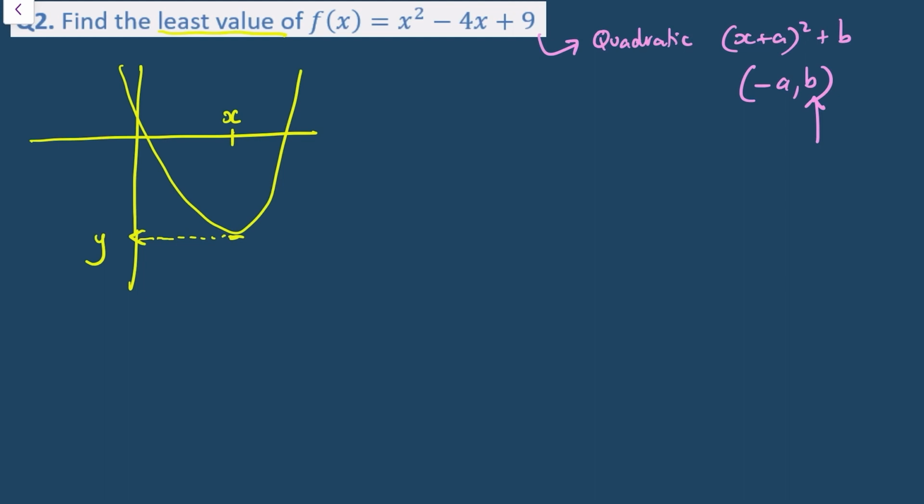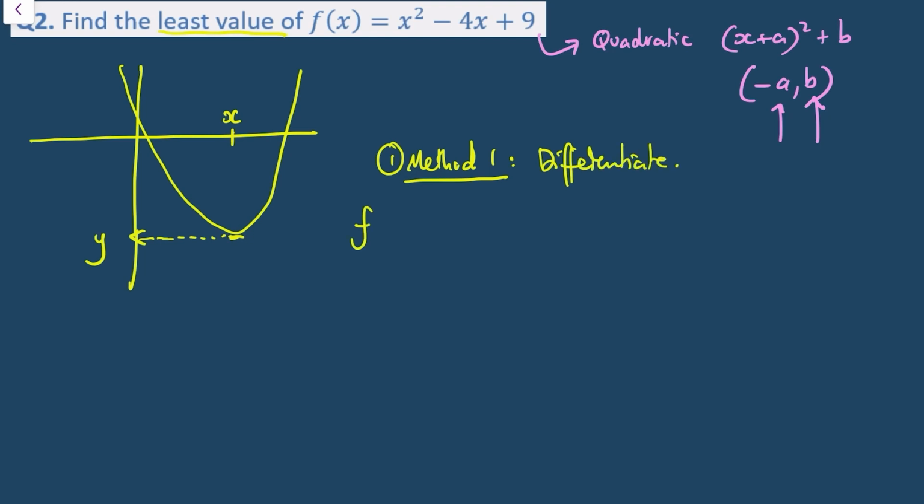That's my y value, and that will be the x value at which the least value occurs. But let's just first stick to the method we did before, method 1, and we are going to differentiate.